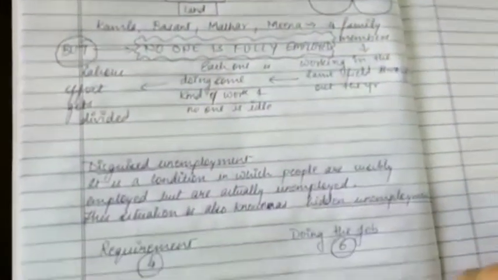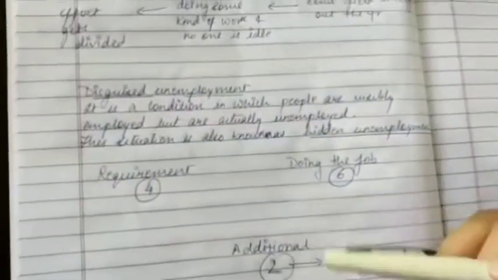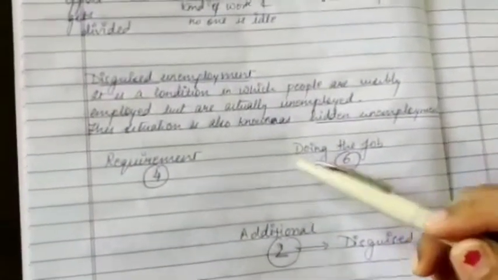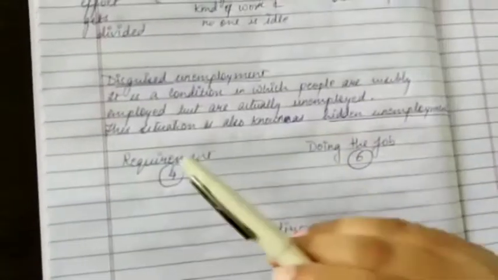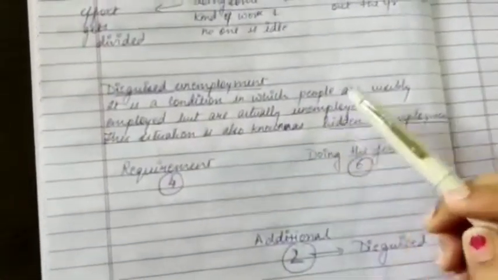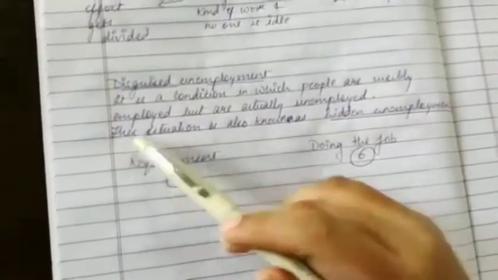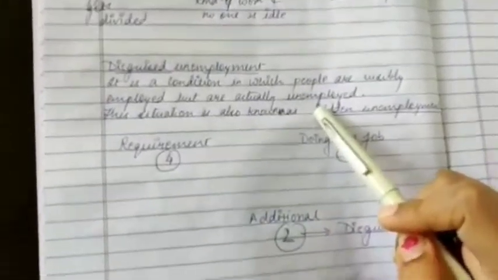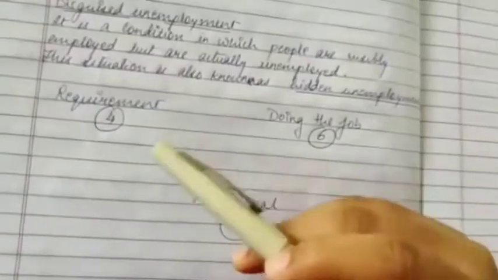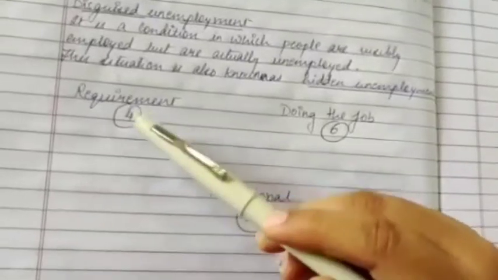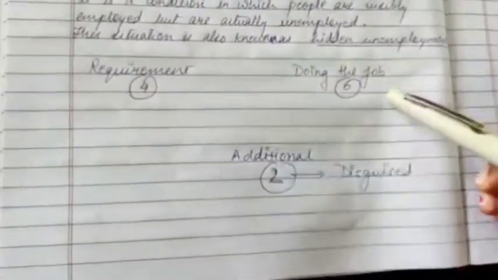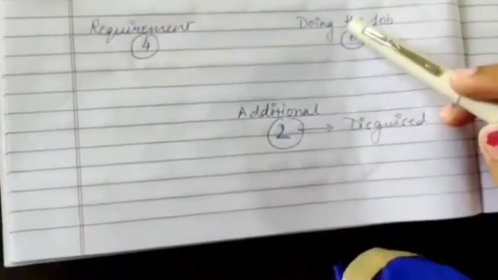Now we will go to disguised unemployment. Another name for disguised unemployment is hidden unemployment. It is a condition in which people are visibly employed but are actually unemployed. In this scenario, there is a requirement of only 4 people, but 6 people are involved in the same field.